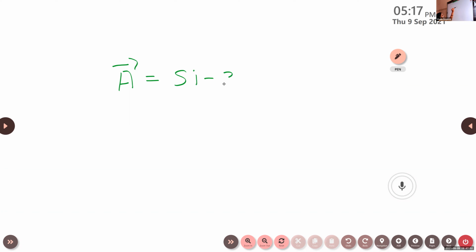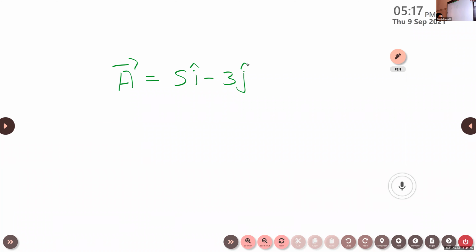So here we can say that the object is moving in two dimension because only two dimensions are mentioned. The i cap represents the motion of an object along the x direction, and 3j cap represents the motion of an object along the y direction.